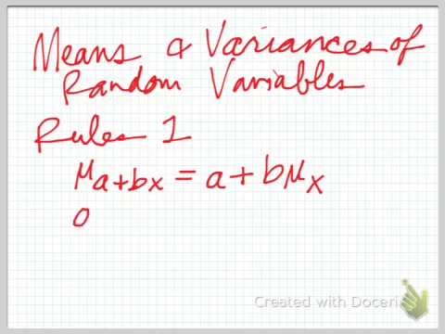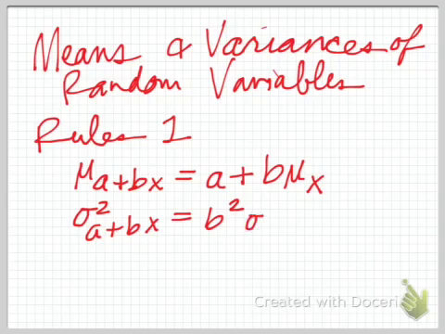With the variance, it's slightly different. We have to pull out something that we talked about in first semester. The variance of a linear transformation is just that constant squared times the variance of the random variable x.